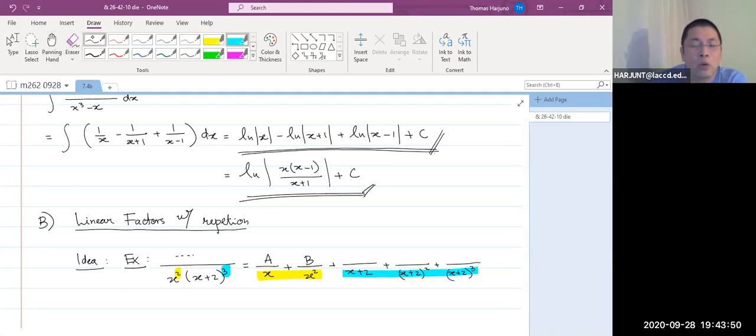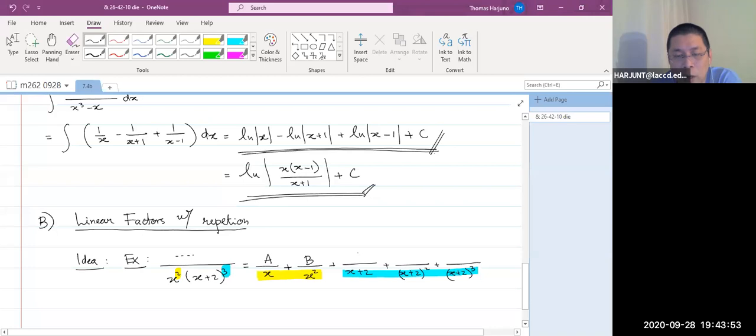Okay, and the numerator will be 1 degree less, including the one you repeat. Only 1 degree less from that x plus 2, not from x plus 2 squared. 1 degree less from x plus 2, not x plus 2 cubed. That's the idea.